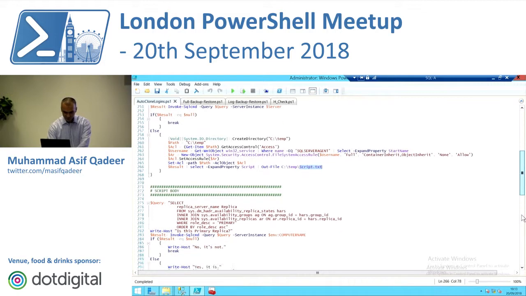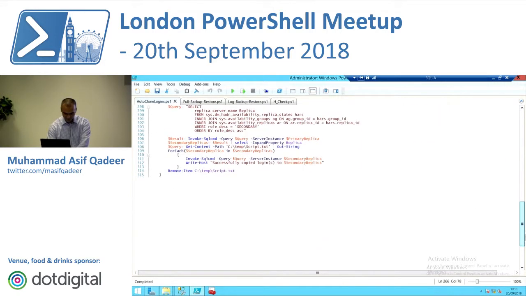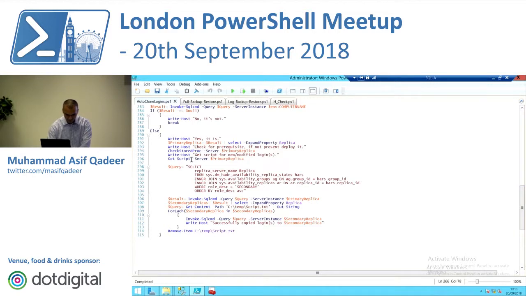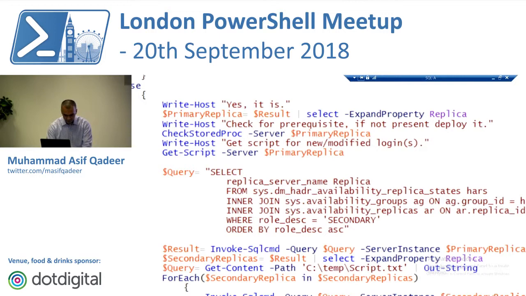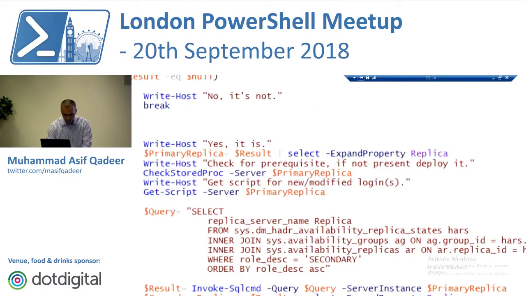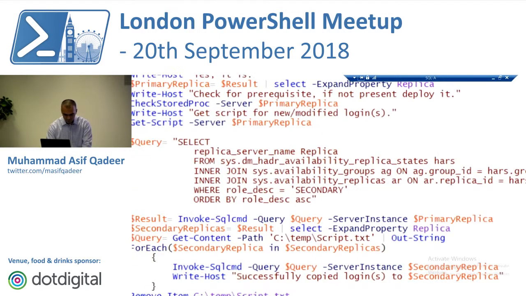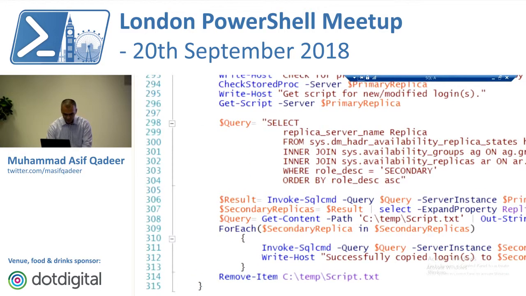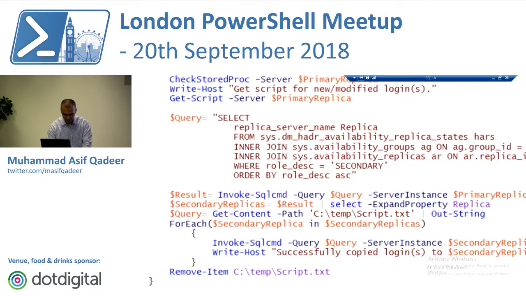And then it comes back to where it was called. Here. Once you have the script, I'm running another query on the same primary replica.